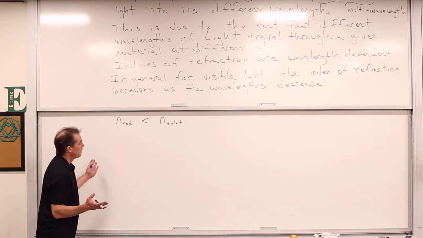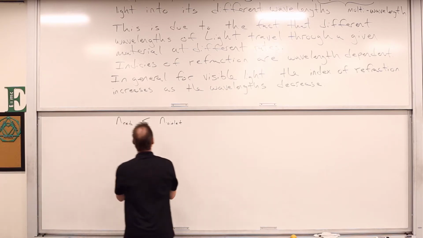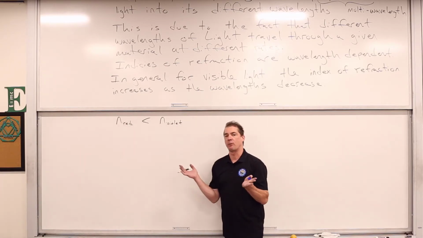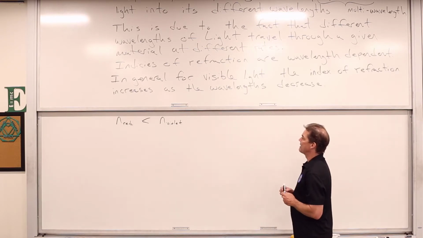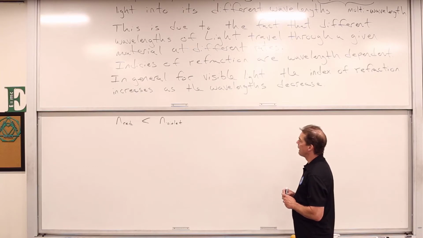And all the different wavelengths having different indices of refraction produce different paths that they take within the material. So that's what we want to look at now is this dispersion and go ahead and do some problems with it.